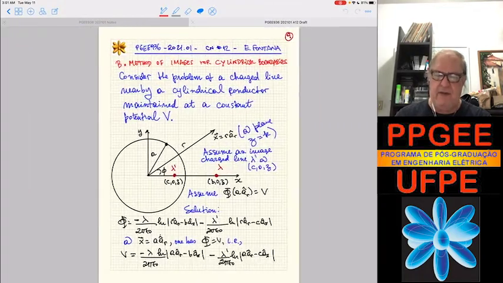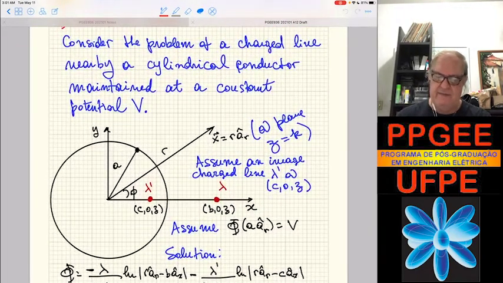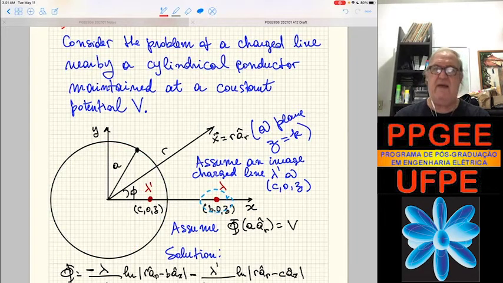So let's see this problem here. We have a charged line, right? We're looking at the XY plane. We have a cylindrical surface here, and next to it we have a parallel straight line going from minus infinity to plus infinity along the z-axis.